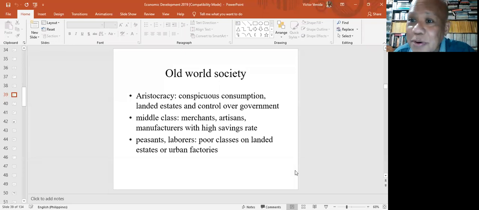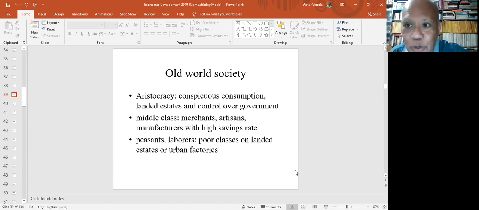So the peasants and laborers, therefore, are the ones that are able to do the actual production of agricultural commodities and manufactured goods, but they have very, very low earnings, money earnings and the like. So in the old world society, the main savings come from the middle classes of businessmen, of the merchants, the artisans, and manufacturers.